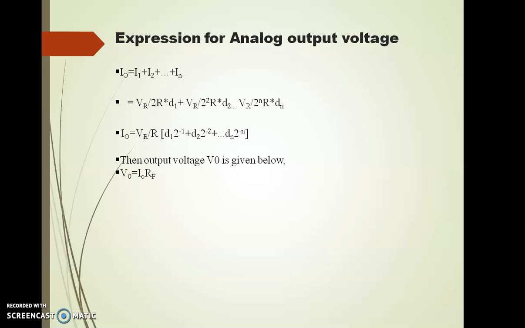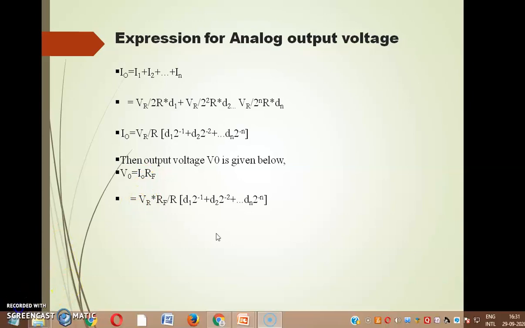We already know V is equal to IR, so putting the current and the feedback resistor here, Vout is equal to Iout into RF.